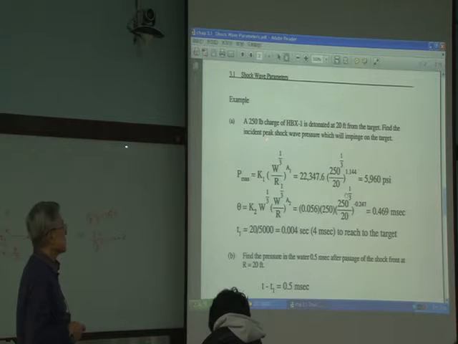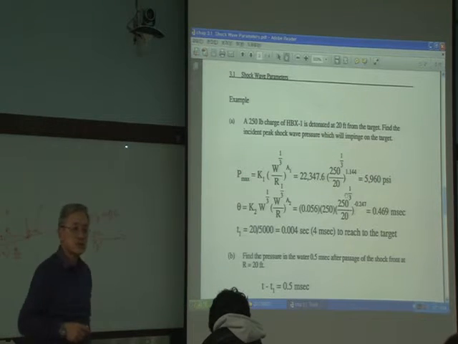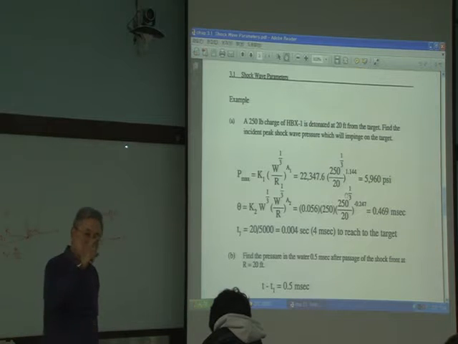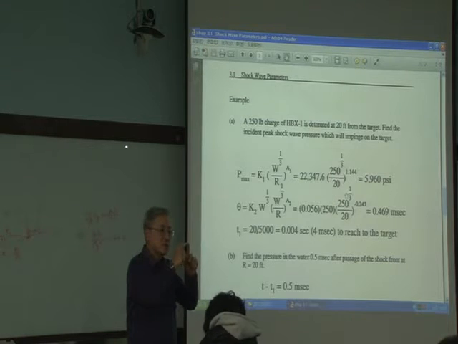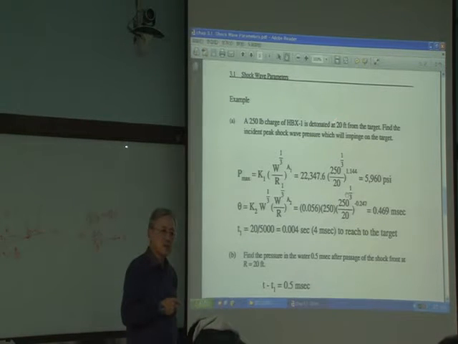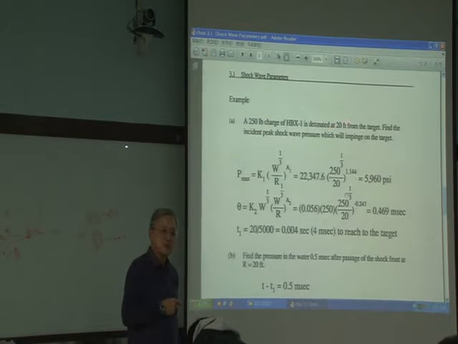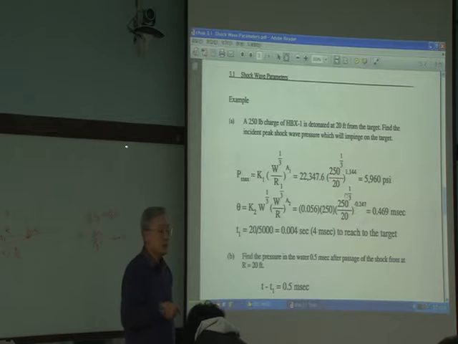Then let's look at the initial peak pressure, which is about 6,000 psi. 6,000 pounds per square inch. Tremendous shock. If you are hit by that much shock, the target will just fly away, okay?